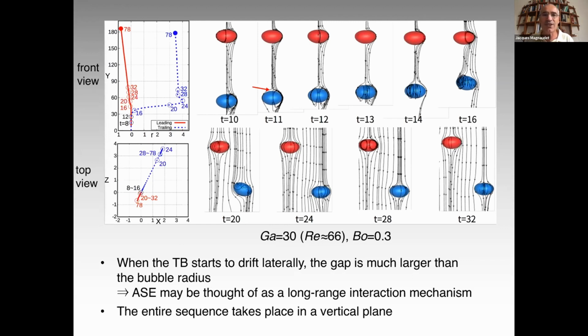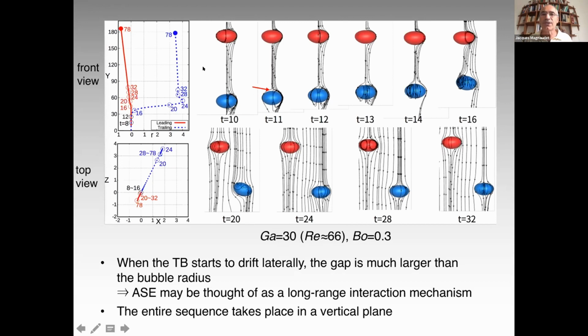This takes place when the separation between the two bubbles is still large. In this case, it's typically 5 times the bubble radius or so, which means that the interaction process is now a rather long range interaction process, in contrast with what happened in the DKT case.